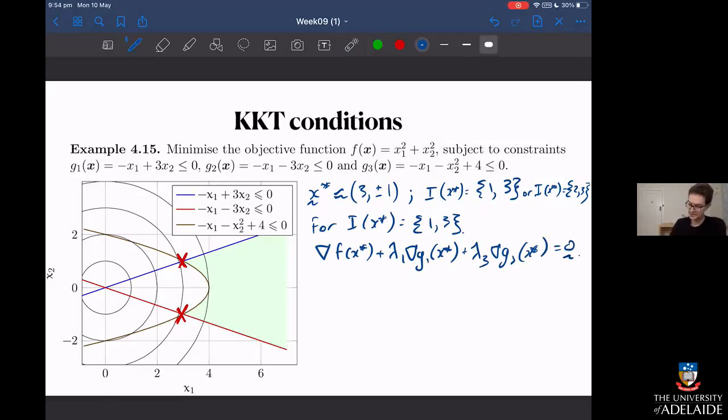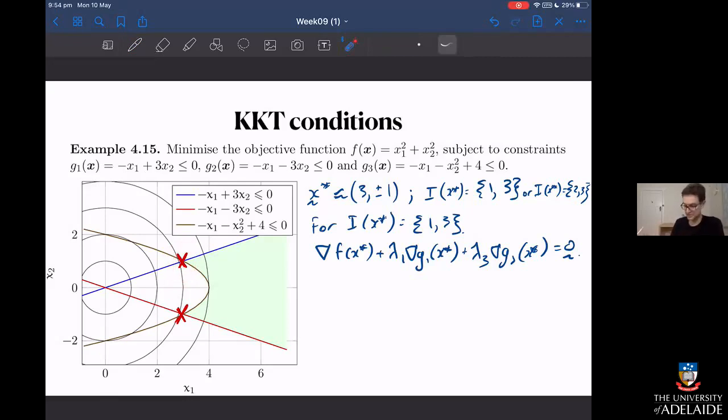So that's what the main KKT condition looks like. The lambda 2 doesn't appear because of this top candidate minimizer here. The red constraint is not activated. So I've just got the first and the third.